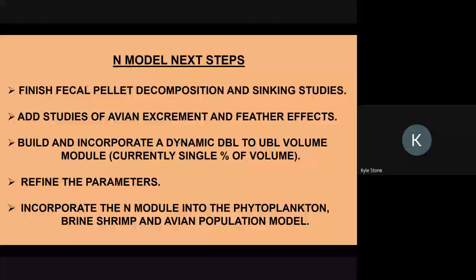We need to build and incorporate the deep brine layer, the upper level volume relationship. The model right now has that as a single value. It needs to be dynamic, so as lake level drops, the deep brine layer amount becomes smaller.